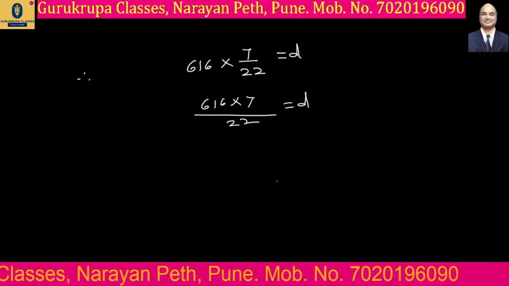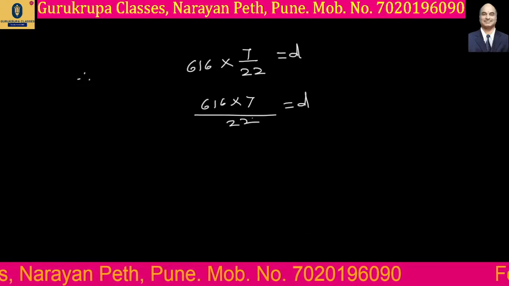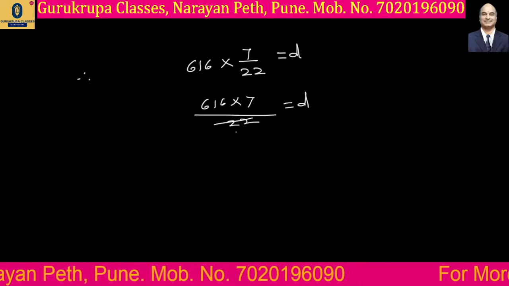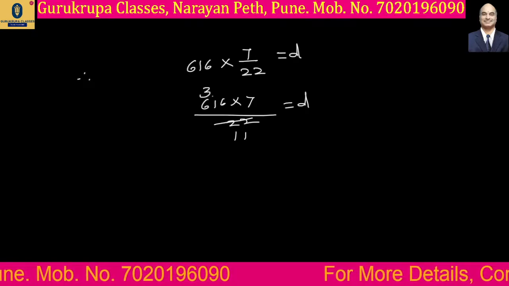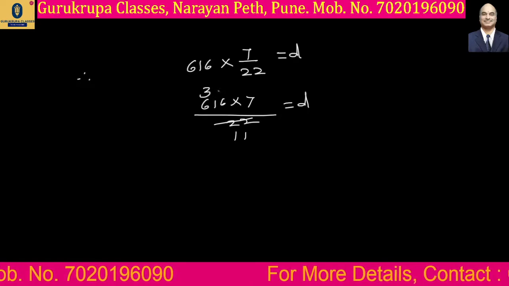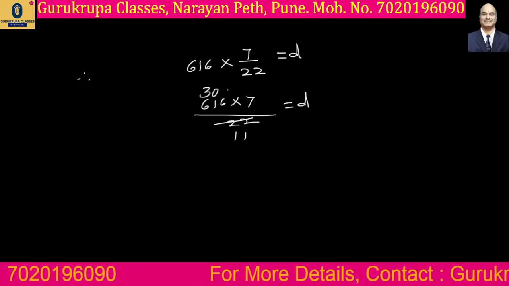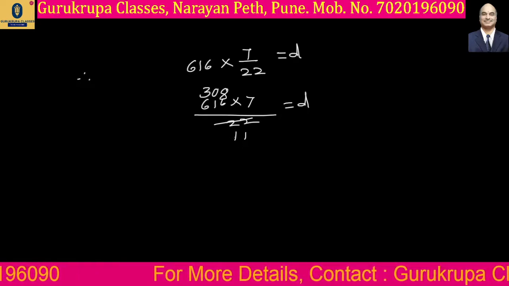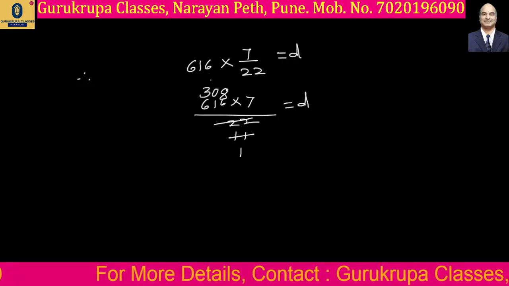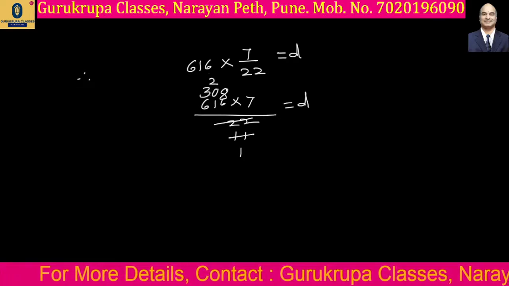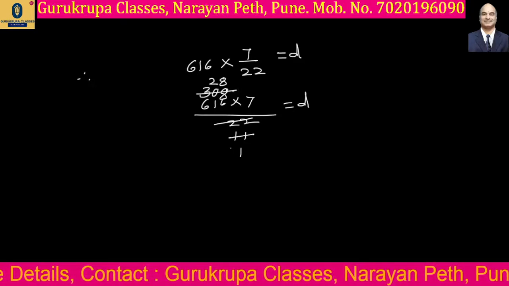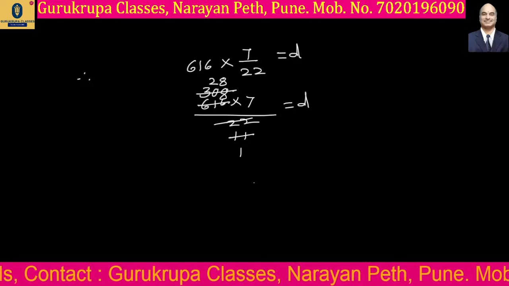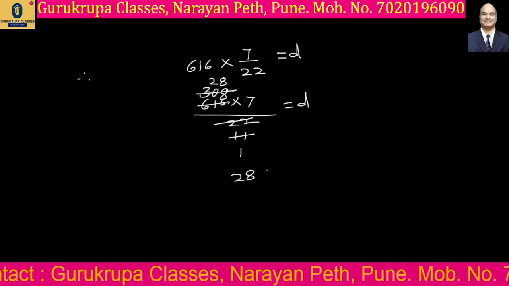Now we calculate by 2, 2 ones are 2, 2 threes are 6, 2 8s are 16. Now 11 ones are 11, 11 twos are 22, 11 eights are 88. So here we get 28 into 7.